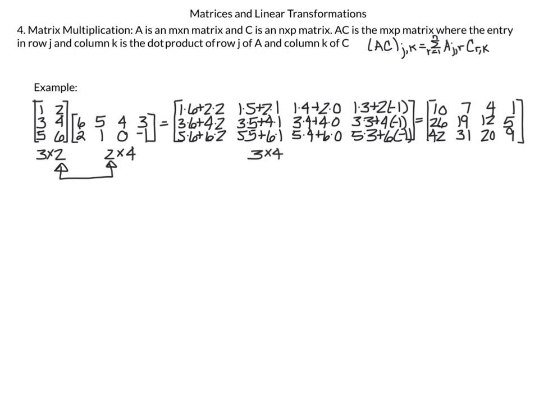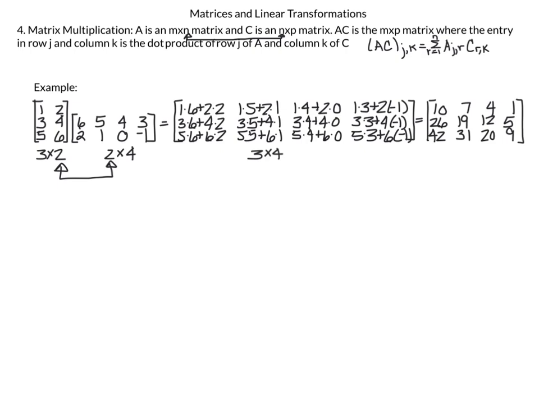So up here, this n needs to be the same as this n for A and C. So the number of columns in your first matrix must equal the number of rows in your second matrix in order for matrix multiplication to be defined. And the other thing that's kind of nice is I like to think of these two canceling out, so our resulting matrix is going to be 3 by 4.